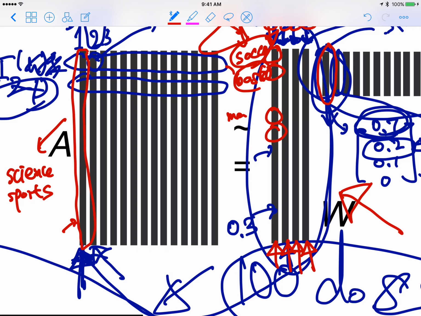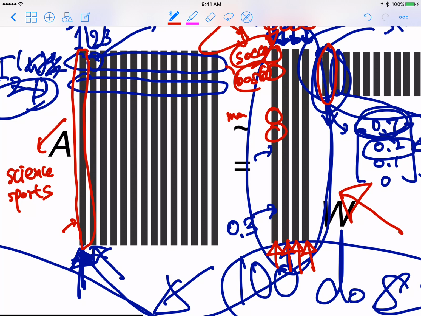One document can discuss maybe 60% science topics and 40% sports topic. We can think about this kind of mixture of topics for one particular document.